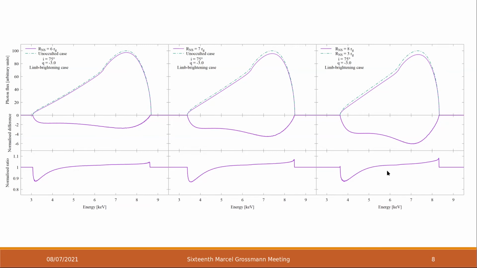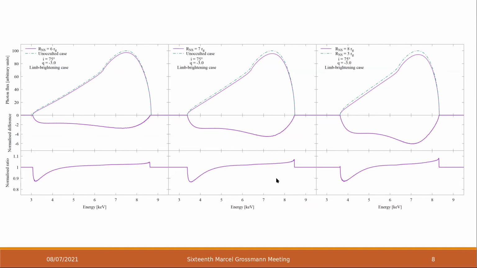It's not a simple uniform loss of flux across the whole iron line profile. And you can see that it is also fairly stable, even if you go to smaller neutron stars.